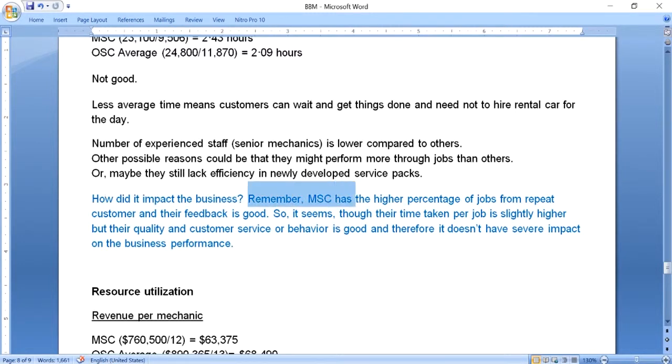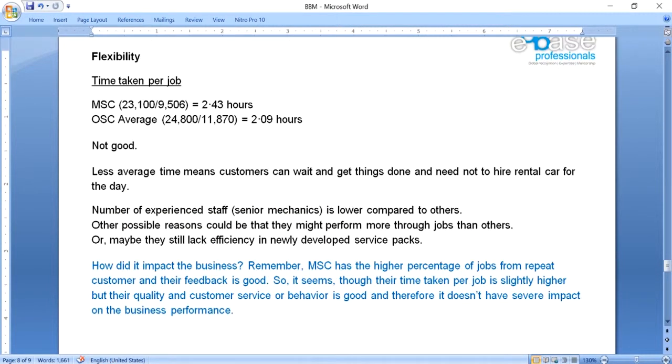Remember, MSC has a higher percentage of jobs from repeat customers. Okay, and the customer feedback is also good. See, that means though our average time taken to complete a job is slightly higher, the customer is not seeing it as too negative.